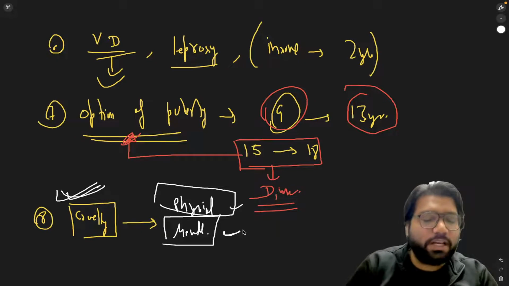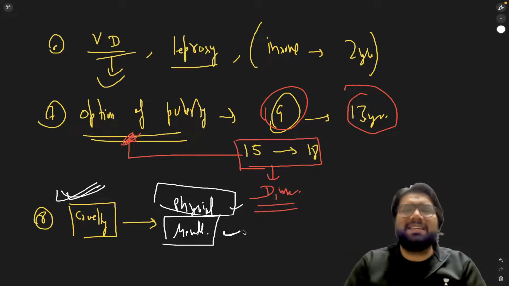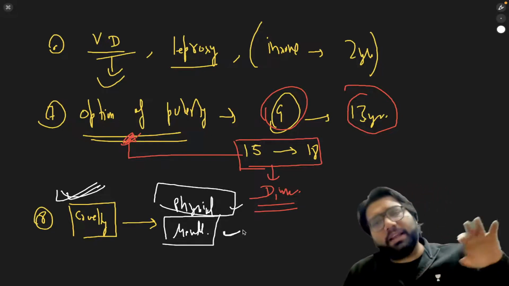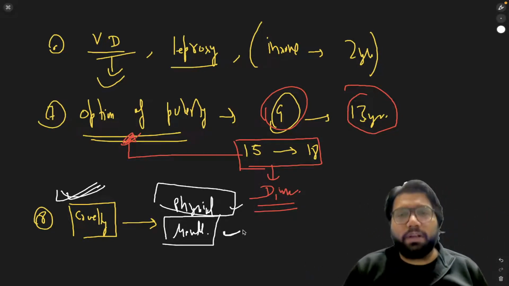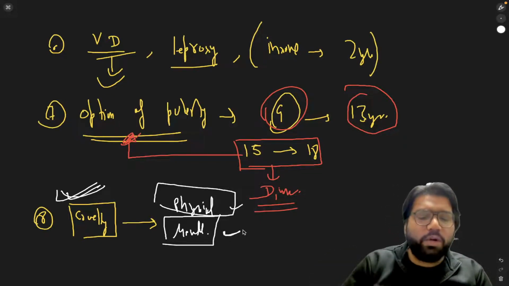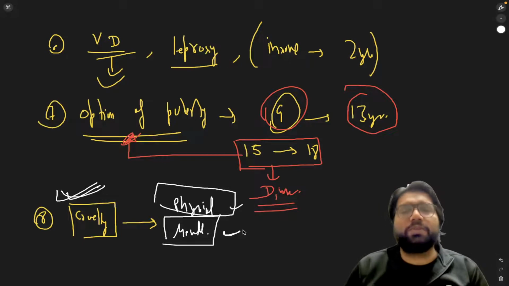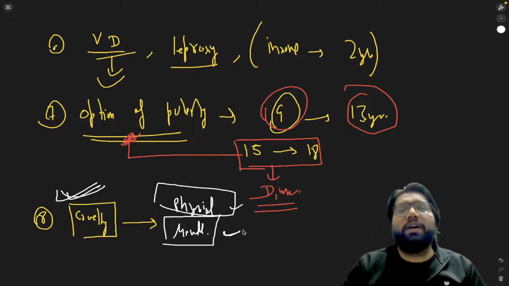Second one is associates with women of evil repute, which means extramarital affair. If the husband is having any kind of extramarital affair, then the wife gets the right of divorce. Next, attempts to force her to lead an immoral life, which means the husband is pushing her to live an immoral life.